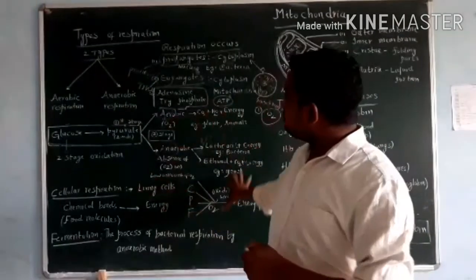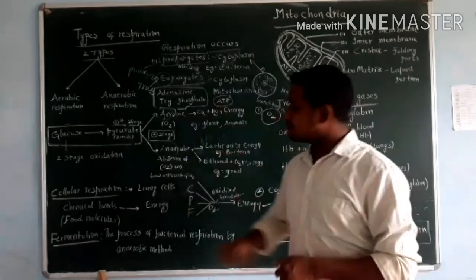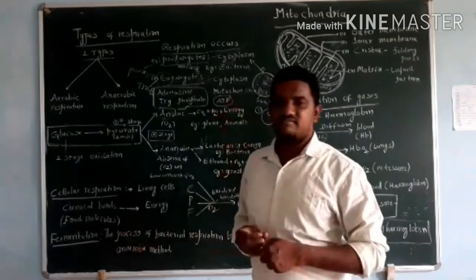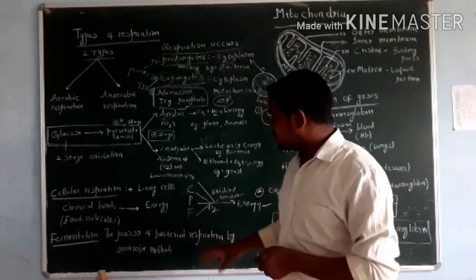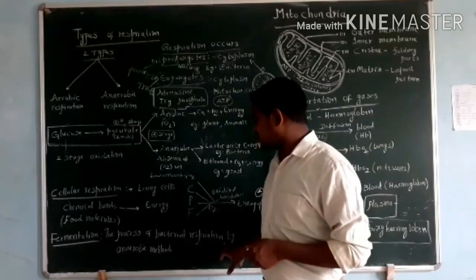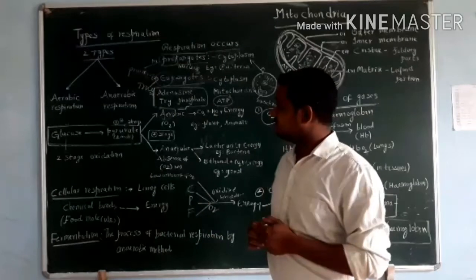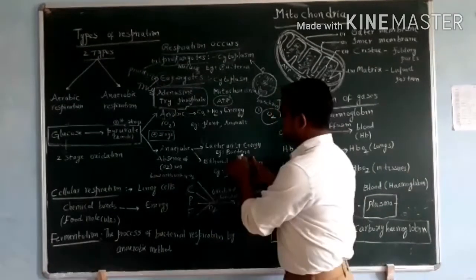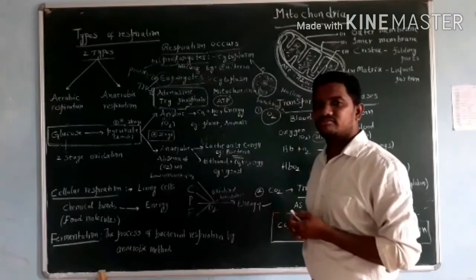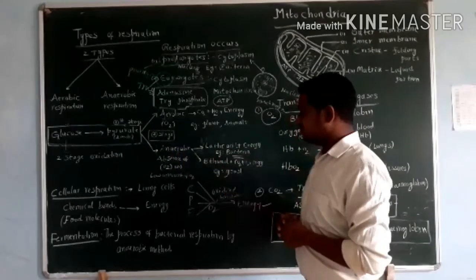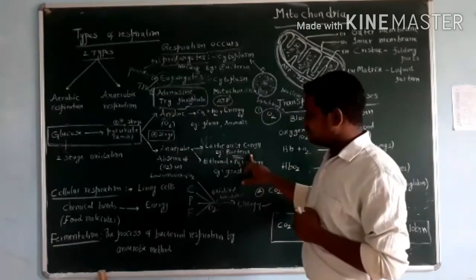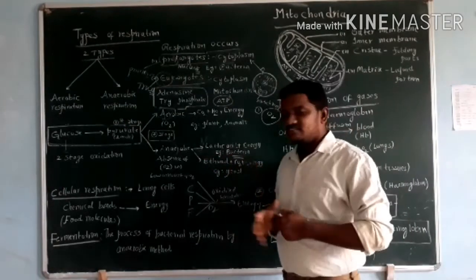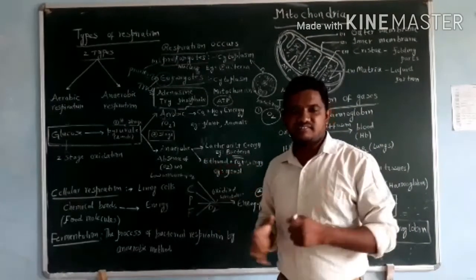In this, an important concept is there, that is the fermentation process. Fermentation means the process of bacterial respiration by anaerobic method. Here see, this is the bacteria. By anaerobic method, respiration takes place in bacteria. This respiration is called fermentation.